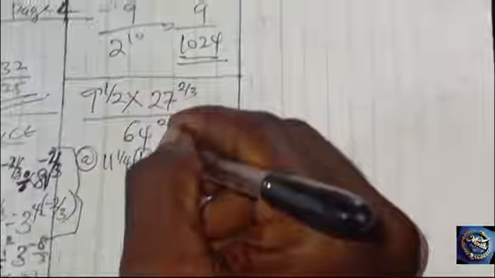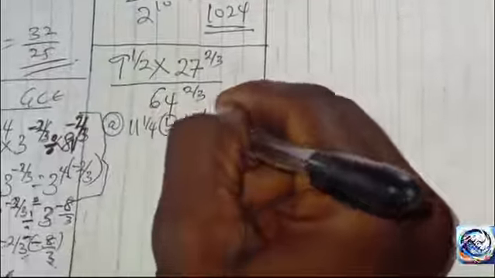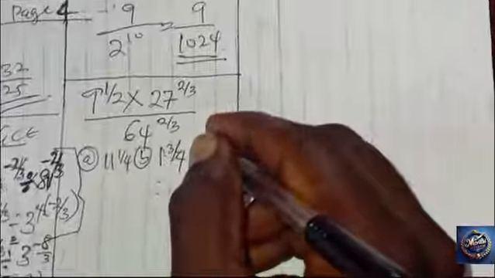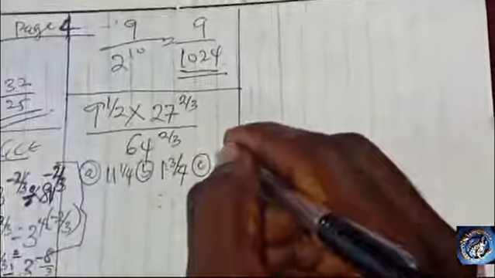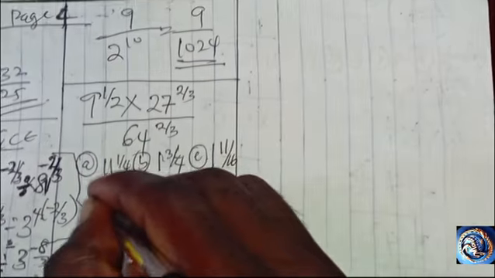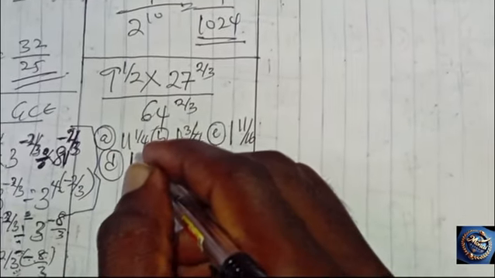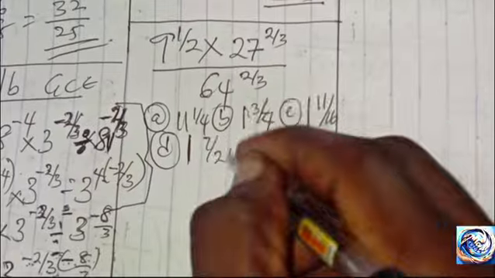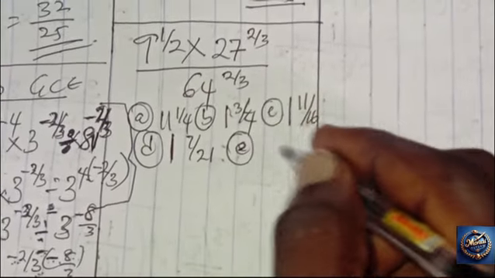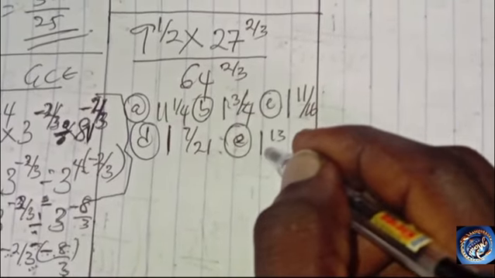Option B, 1 and 3 over 4. Option C, 1 and 11 over 16. Option D, 1 and 7 over 21. Option E, 1 and 13 over 63.